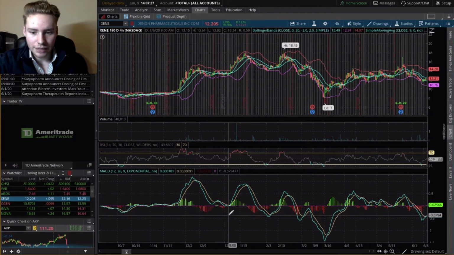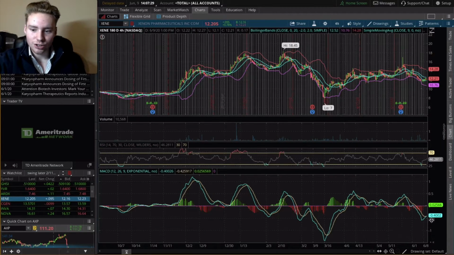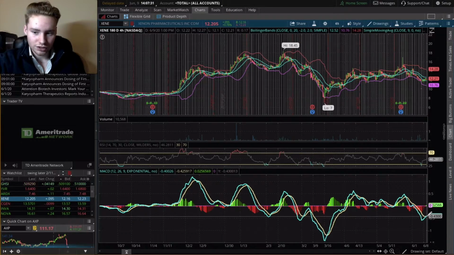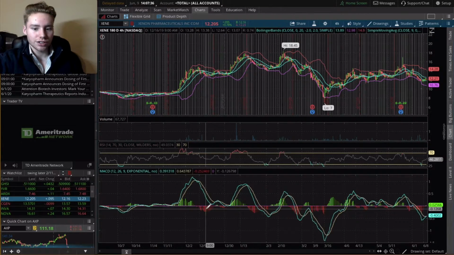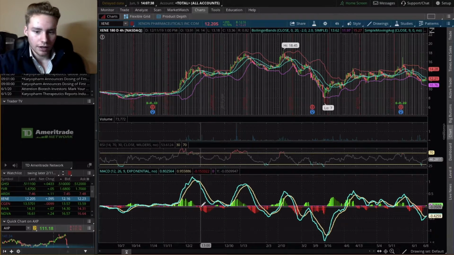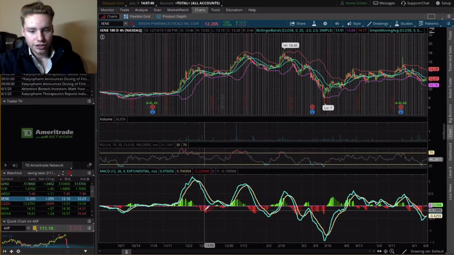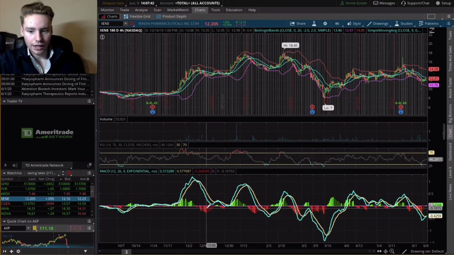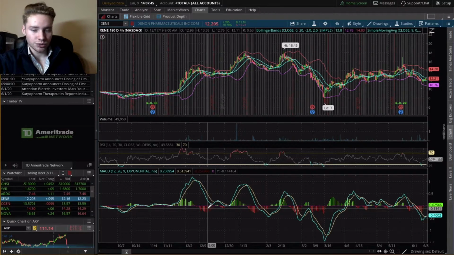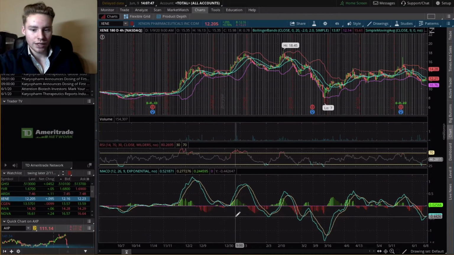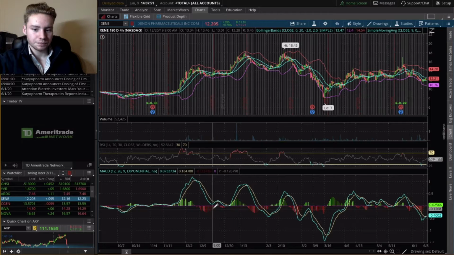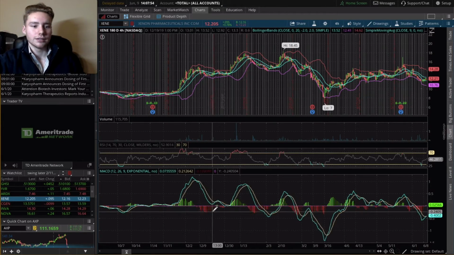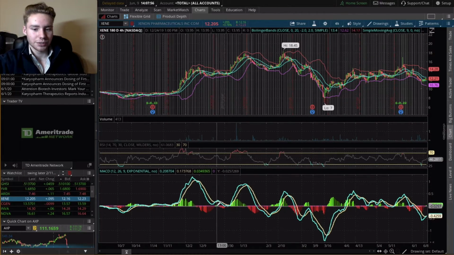So back to the MACD, we can see this crossover starting to form here, which is why this is on my watch list. And you can use this histogram type thing as well. I generally find it to not be as useful, but it's still useful at times. If we see this kind of hump forming, you can generally say that there's going to be a reversal, but it doesn't mean that there will be.